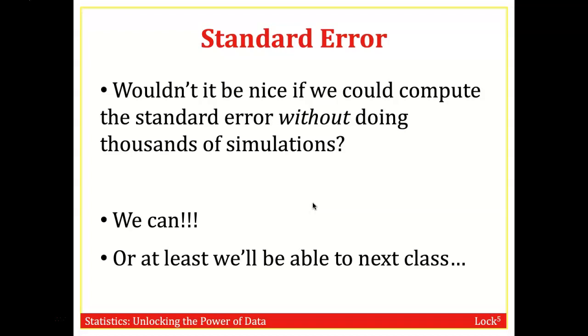So as we move into chapter 6, we'll be talking about inference for proportions and for means, so we'll have specialized formulas that come from the underlying theory that will allow us to compute the standard error directly. And then we can focus on checking that the conditions are satisfied for carrying out the procedure, and also focus on the interpretation.